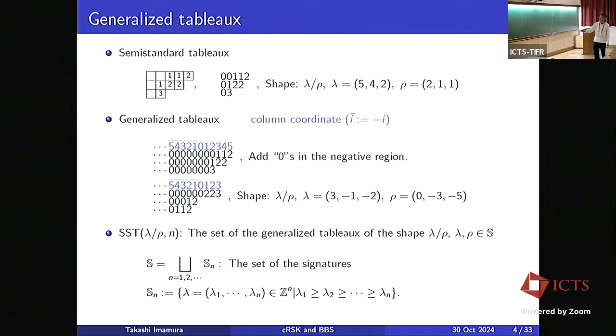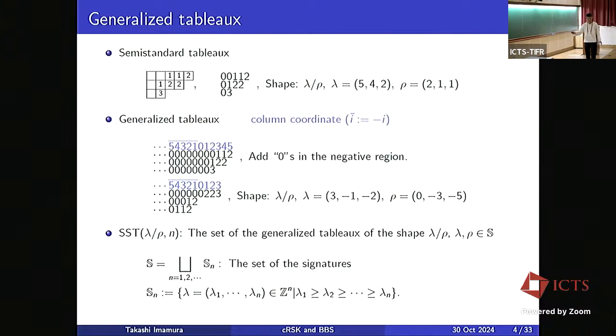So this is a skew semi-standard tableau. In my talk, we write this tableau in this form: we remove the frame, and the empty box is expressed as a 0 element like this.